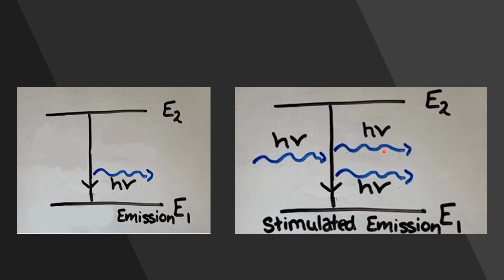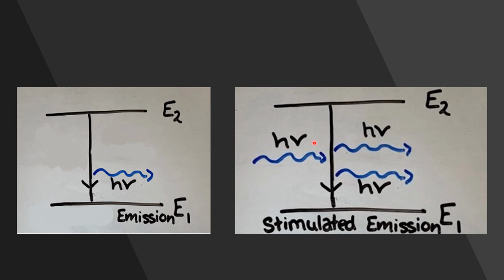On the right we see a similar diagram, but instead we have a photon, denoted by the blue squiggly line, hitting the atom and causing an electron to decay, releasing a photon.